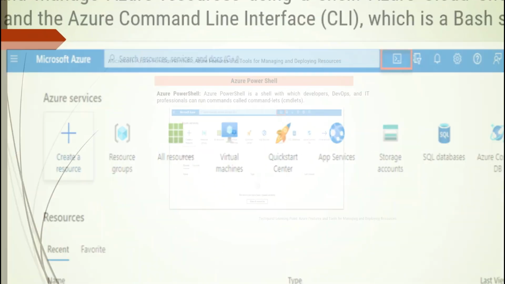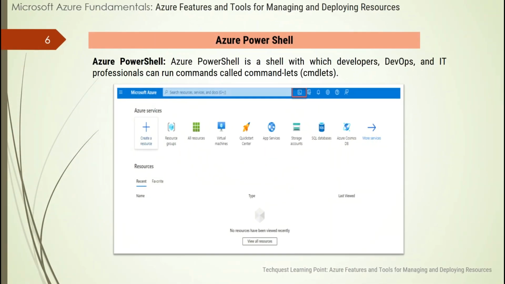Azure PowerShell. Azure PowerShell is a shell with which developers, DevOps, and IT professionals can run commands called cmdlets. These commands call the Azure REST API to perform management tasks in Azure.